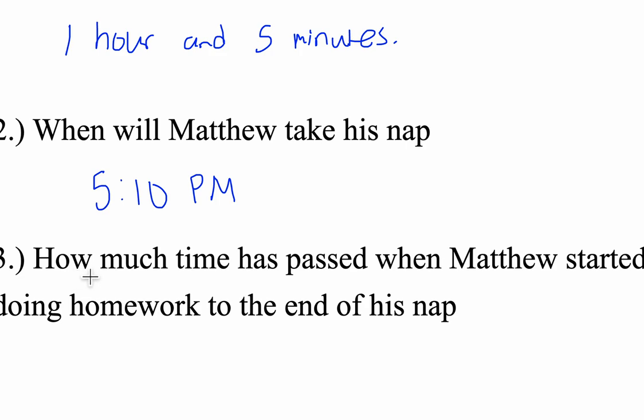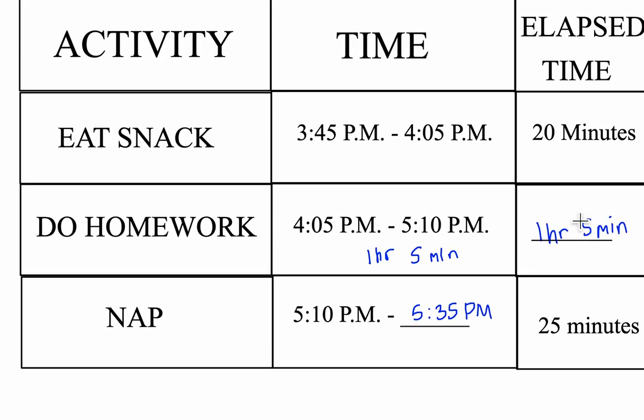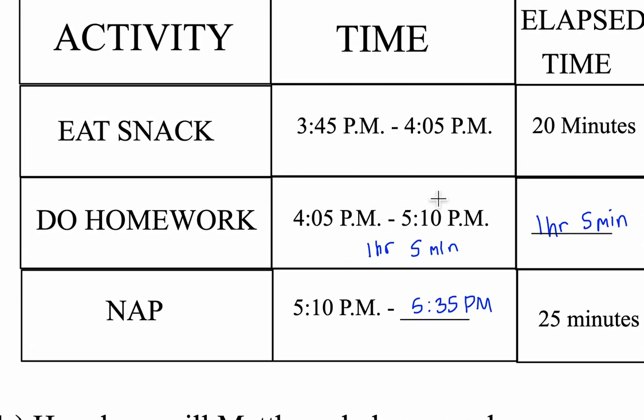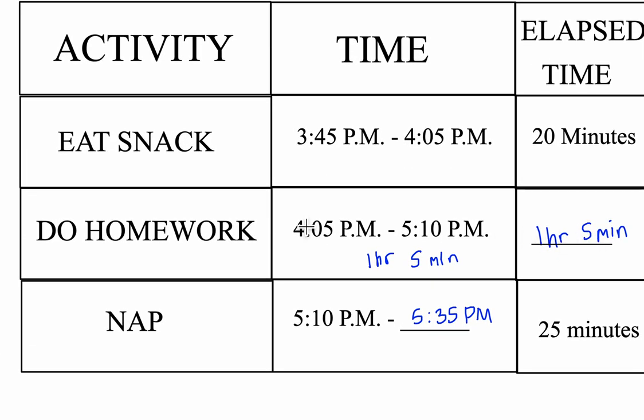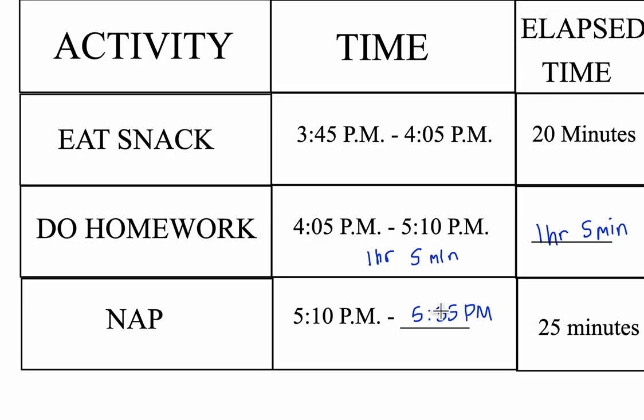Number 3, how much time has passed when Matthew started doing homework to the end of his nap? So we have to look at the elapsed time because it's asking for how much. So Matthew spent 1 hour and 5 minutes doing homework, and he spent 25 minutes taking a nap.